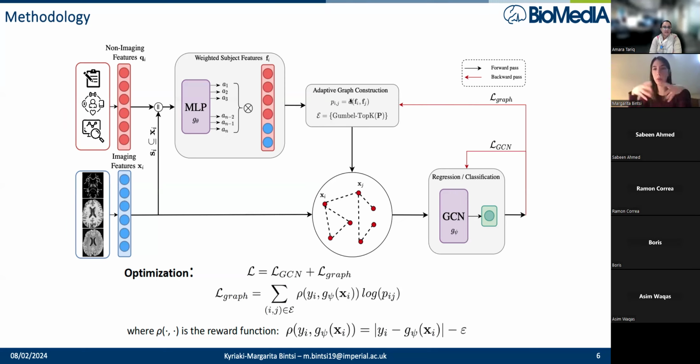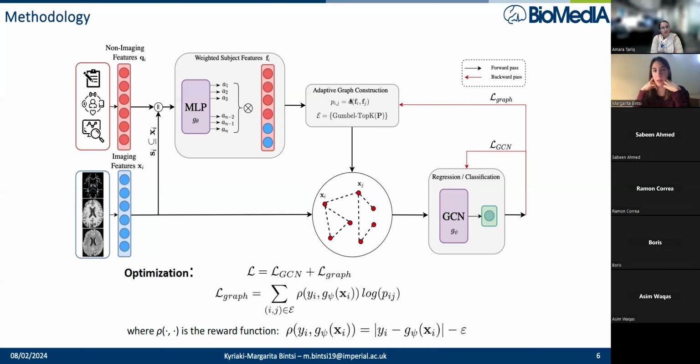So we had all of the probabilities. And then we used the Gumbel top-K trick, which is a stochastic relaxation of the KNN. Imagine we used a KNN function, but a stochastic relaxation of it. So we kept the top K neighbors for each of the nodes, which are the ones that are closest based on the weighted phenotypes.